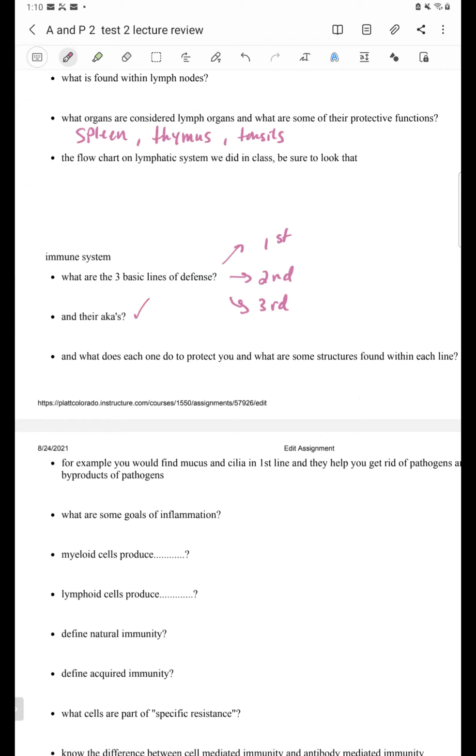Second line, you want the inflammation to block off, wall off and protect you, so it's a non-specific version of inflammation. And then the third line is the part where throughout your lifetime, you're going to continue to develop and mature your immune system to be able to resist disease. This is where your T cells and your B cells and other white blood cells come into play.